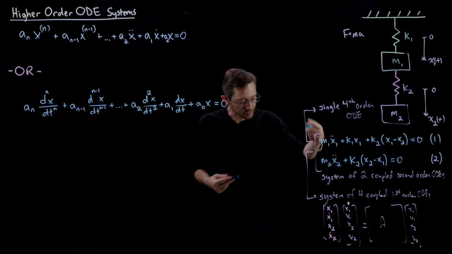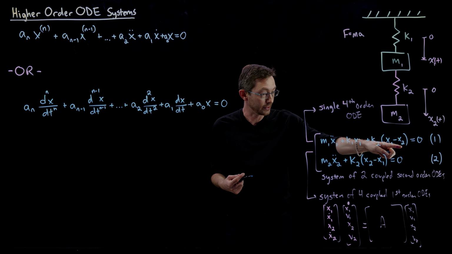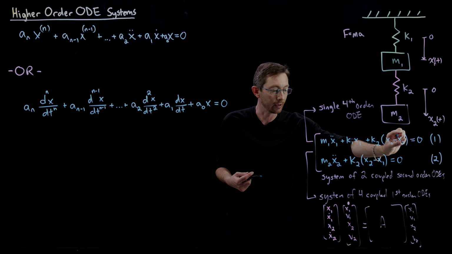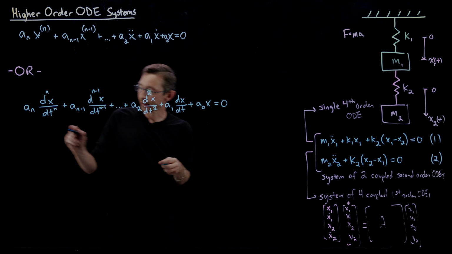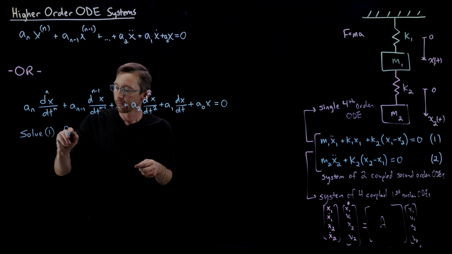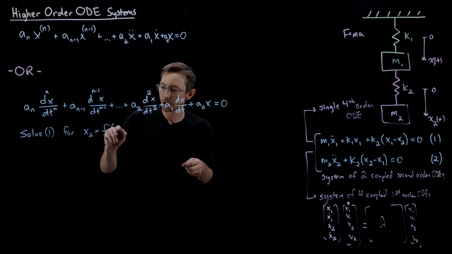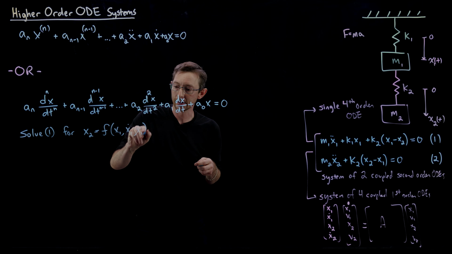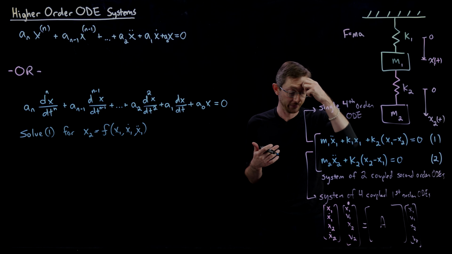We're going to solve the first equation for x2 as a function of all of these x1s, and then plug that into the second equation. So we're going to solve equation 1 for x2 equals some big nasty function of x1, x1 dot, x1 double dot. It's not that nasty of a function. It's just all of this stuff.